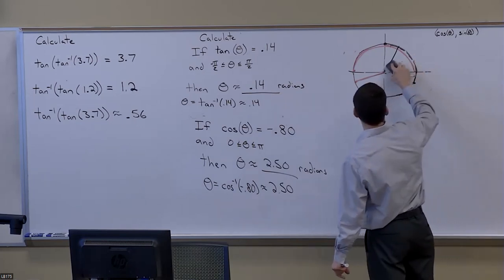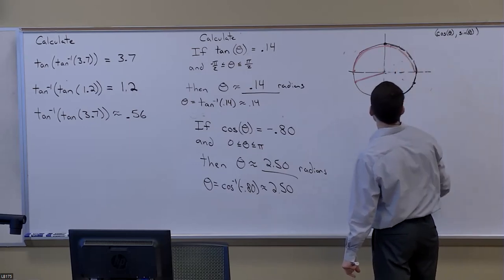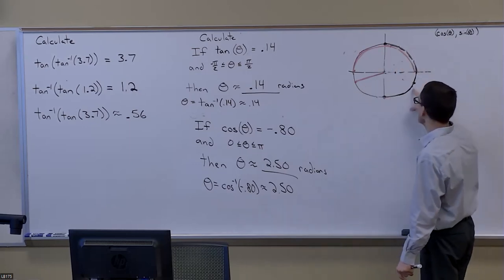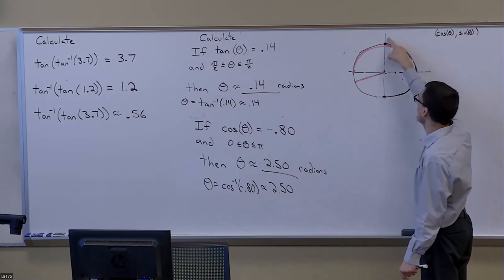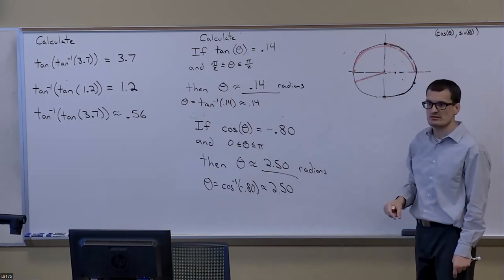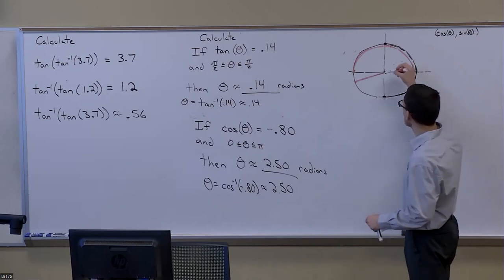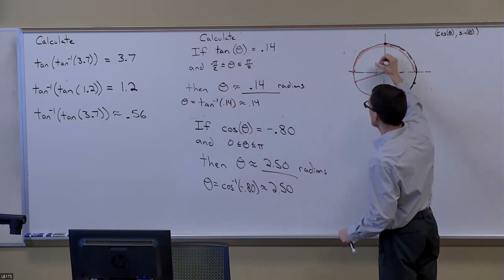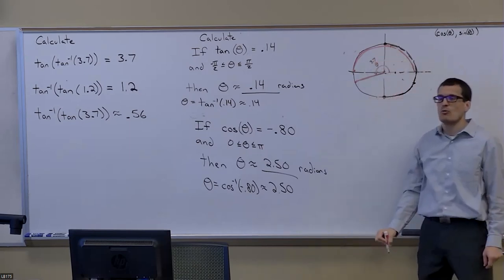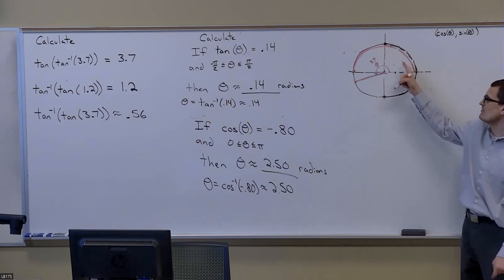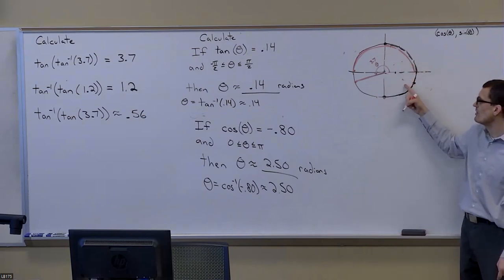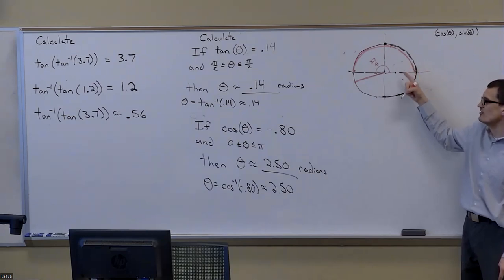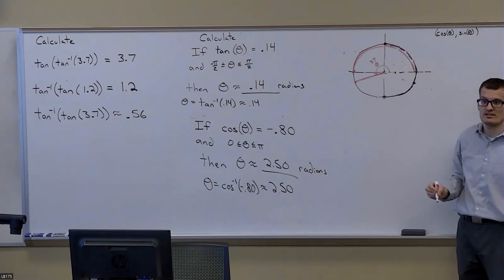Inverse tangent is going to have outputs that are either in the fourth or the first. So what we're asking essentially is, if we start with angle 3.7, what's the angle in the first or fourth quadrant that has the same tangent as that 3.7?